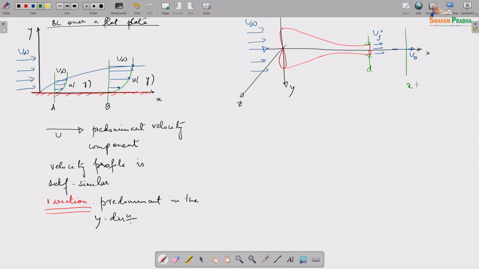This is an x which I am defining from here, and this x is more than 25d, at some location, say x1.